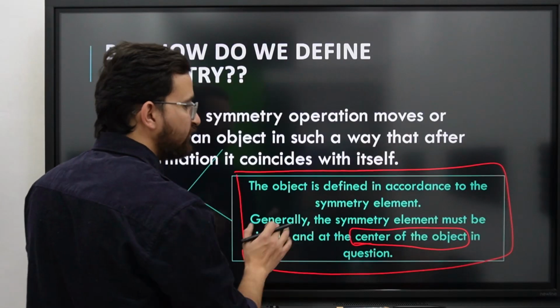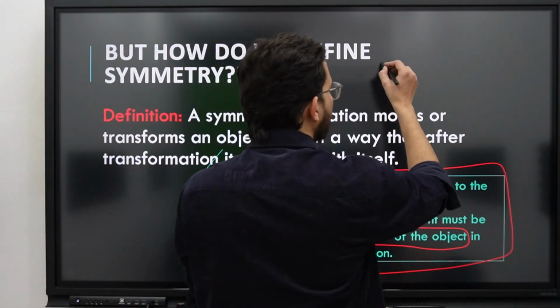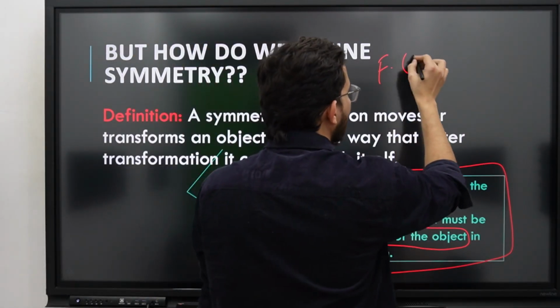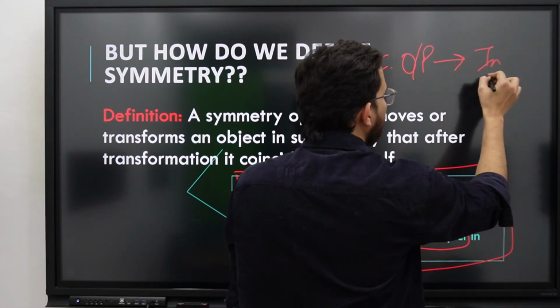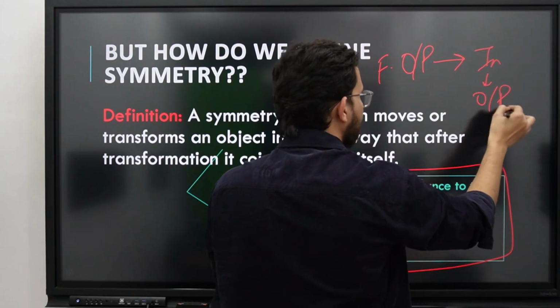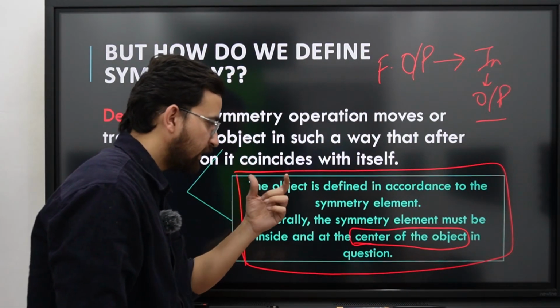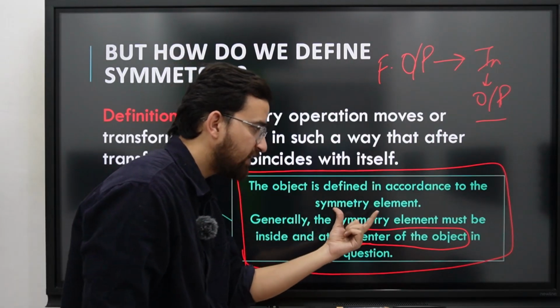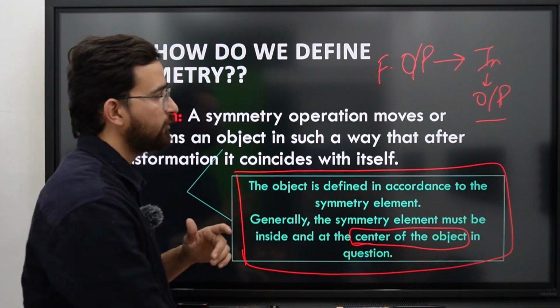So in crystallography, generally speaking, the object that you are talking about, the object for which you look at the final position and orientation and compare it to the initial position and orientation, should be such that the symmetry element you are talking about is at the center of the object.